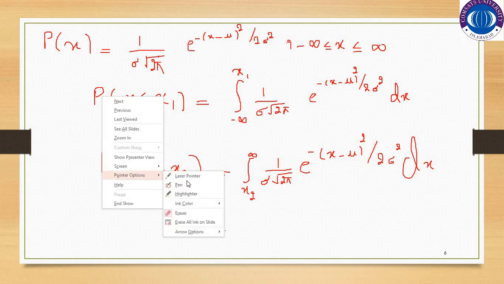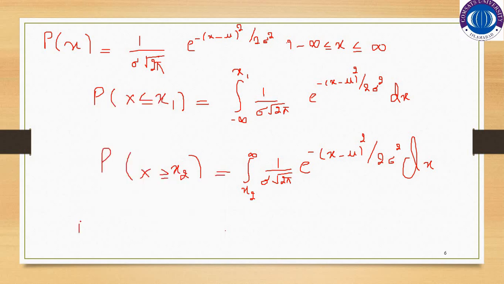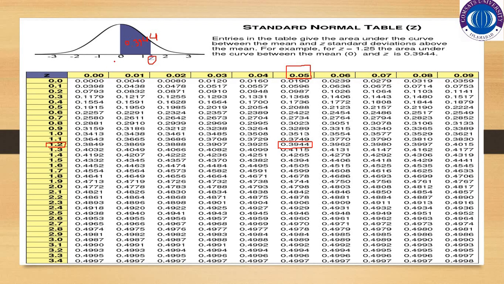So this will be the probability, and your random variable is z. Keep in mind, 0 less than z less than or equal to 1.25. As you can see, this probability is from 0 to this.